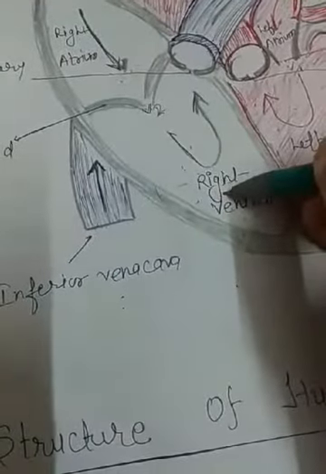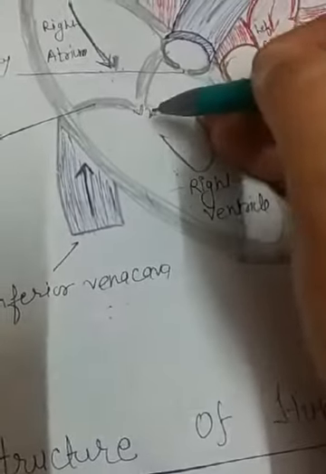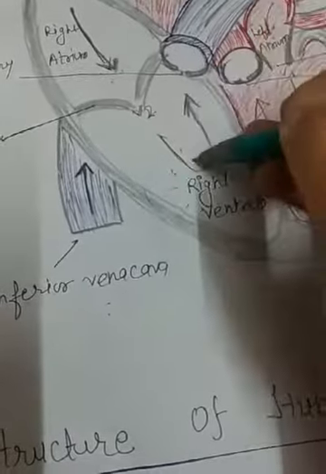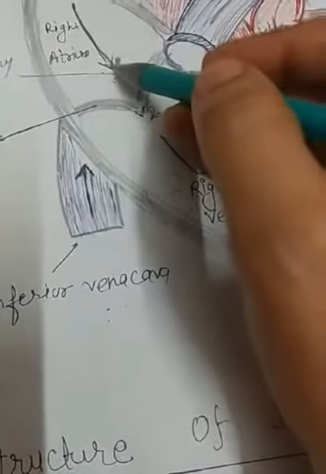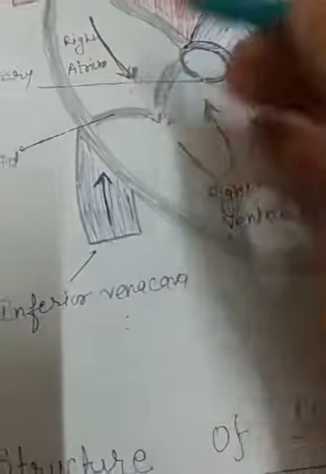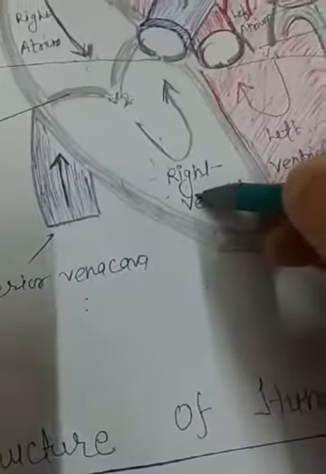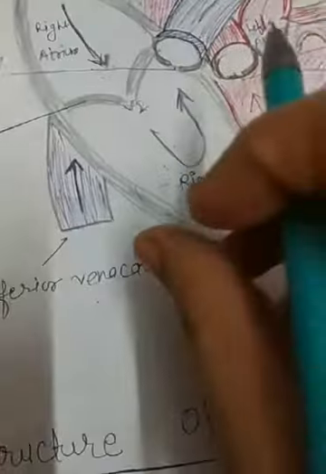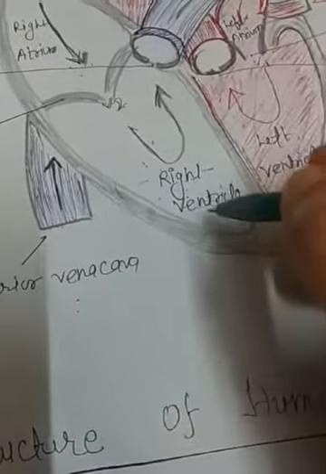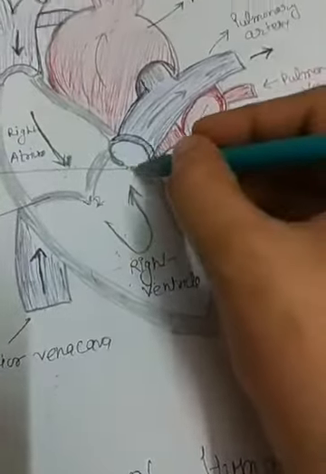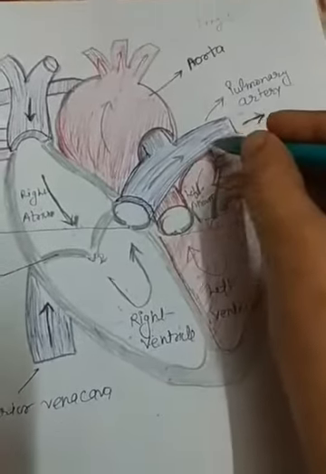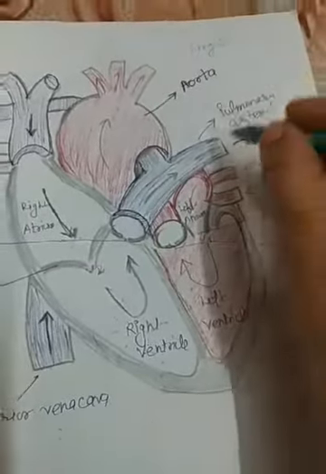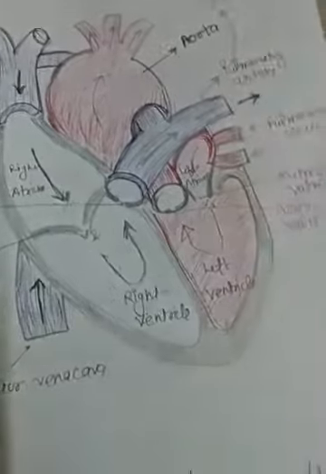During this time the right ventricle is relaxed and the right atrium contracts. Now, when the right ventricle contracts, the deoxygenated blood is pumped into the lungs through the pulmonary artery. It goes to the lungs for purification.